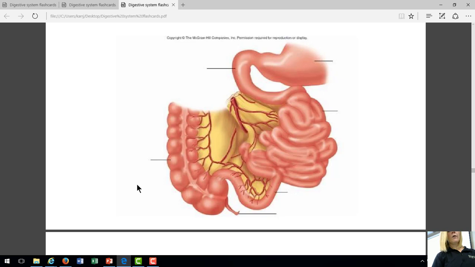So the valve or passageway from the ileum to the cecum is called the ileocecal valve, and that would be right there between the ileum and the cecum. Ileocecal valve. We have cecum, appendix, and then ascending colon.